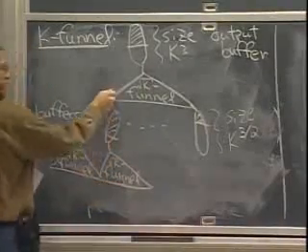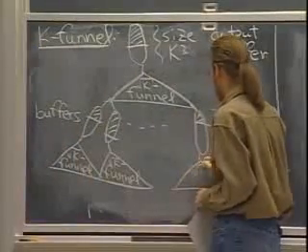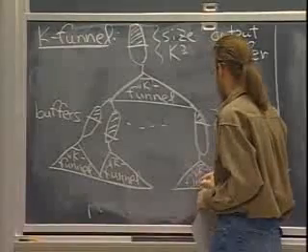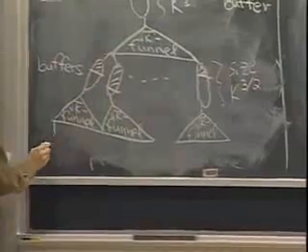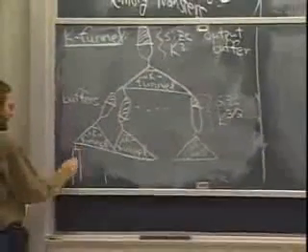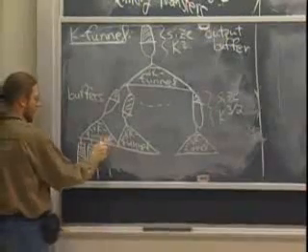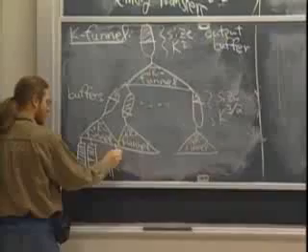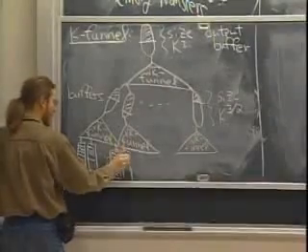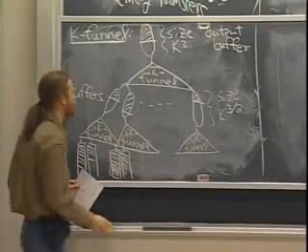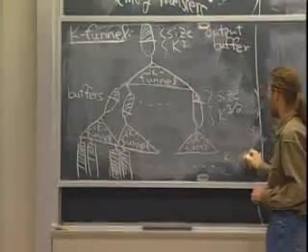One for each buffer, one for each child of this funnel. And then, hanging off of these funnels are the input arrays. I'm not going to draw all k of them, but there are k input lists.